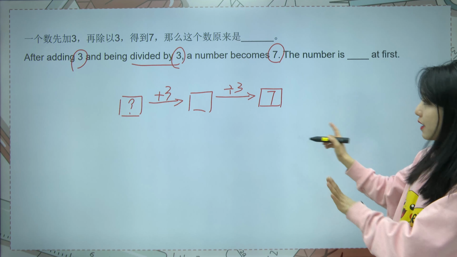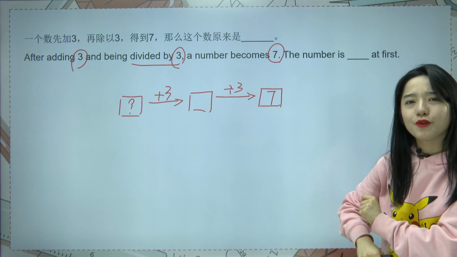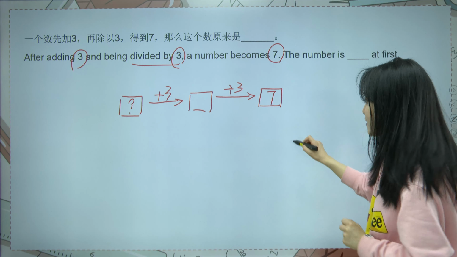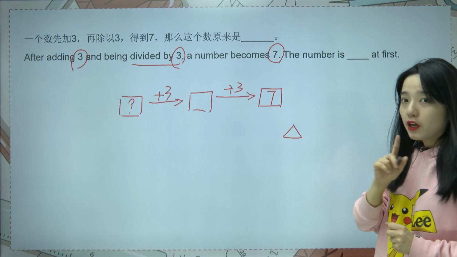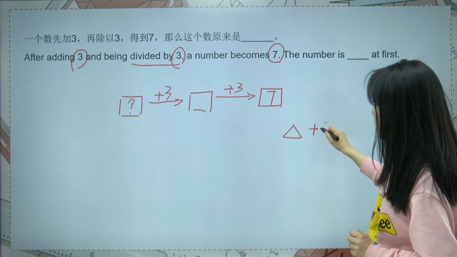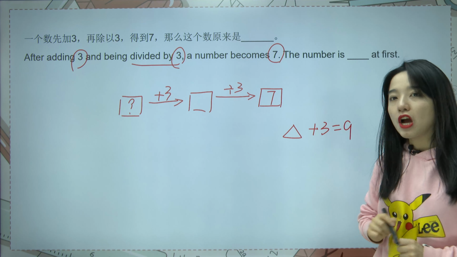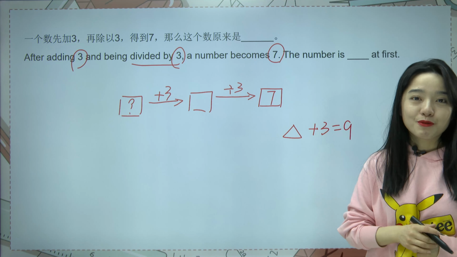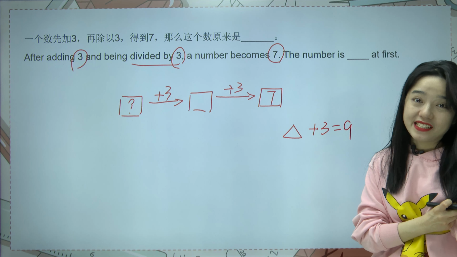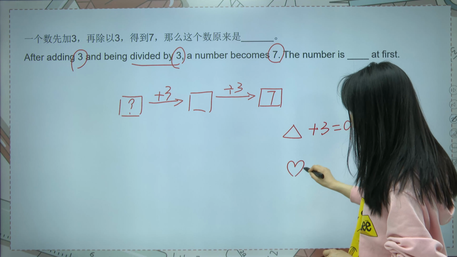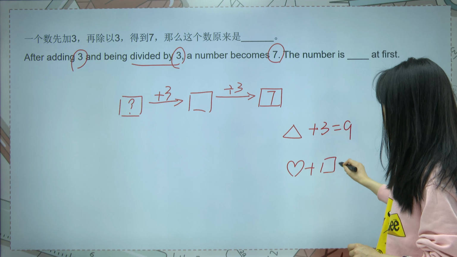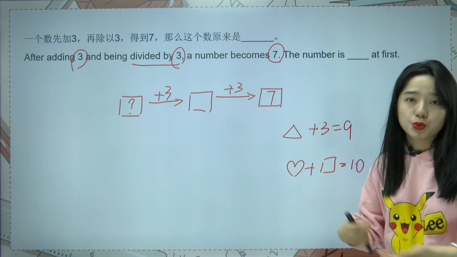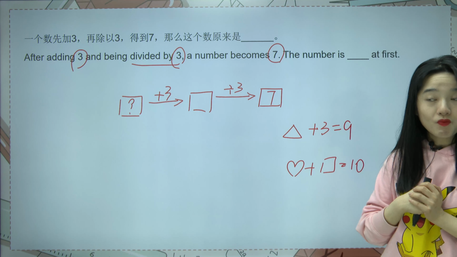Let's see where we start for this process. I ask you 2 questions first. If I told you a triangle plus 3 equals 9, can you tell me the value of the triangle? 9 minus 3, or take 3 away from 9, you can find it. But if I ask you a heart plus a square equals 10, can you tell me the value of the heart or the value of the square?